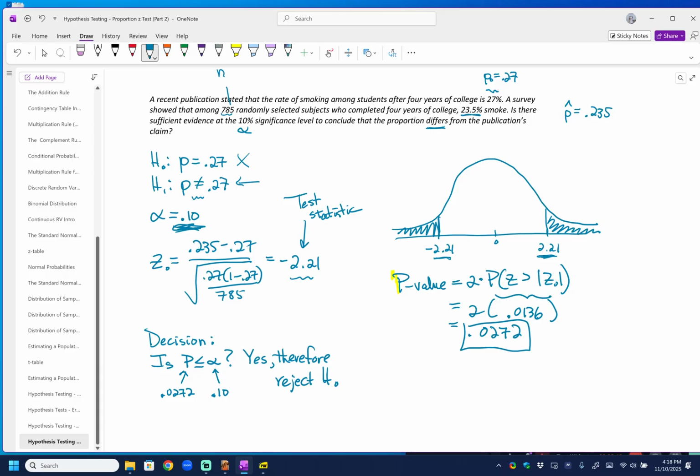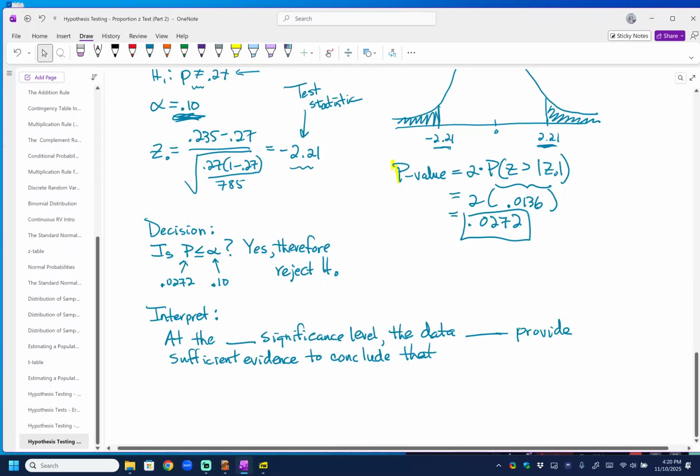For our interpretation, we would say at the 10% significance level, the data, well, what did we do?